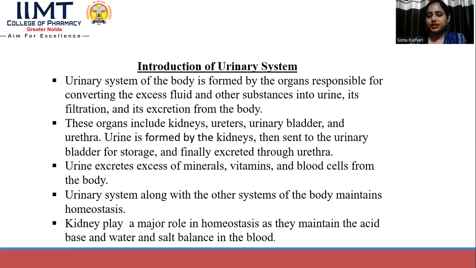These organs include kidney, ureter, urinary bladder, and urethra. Urine is formed by the kidney, then sent to the urinary bladder for storage and finally excreted through urethra. Urine excretes excess of minerals, vitamins, and blood cells from the body.